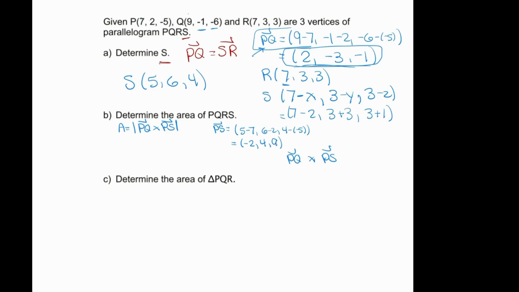So I'm going to start with PQ and write them down in a column: -3, -1, 2, and then repeat my second value. Then I'm going to do the same thing for PS that we just found: 4, 9, -2, back to 4 again.